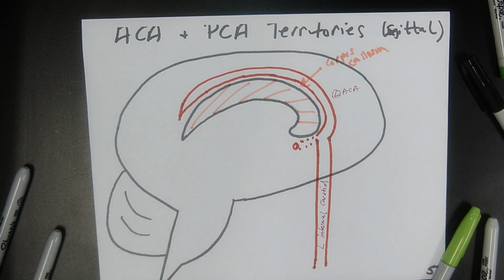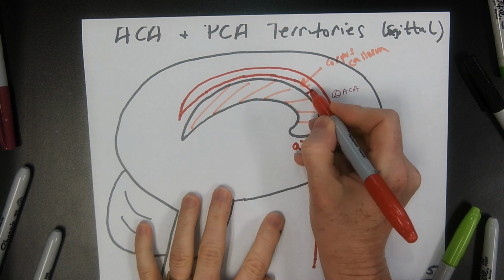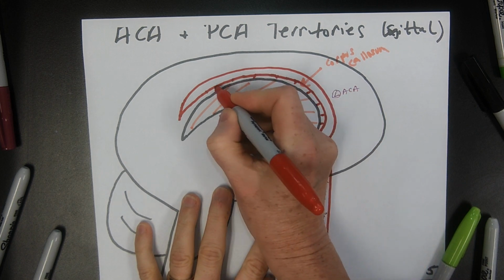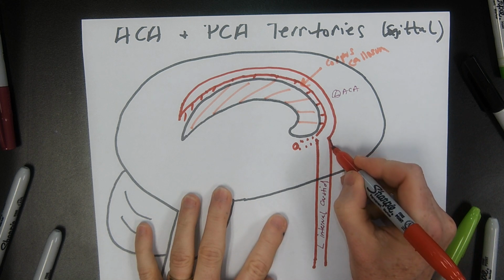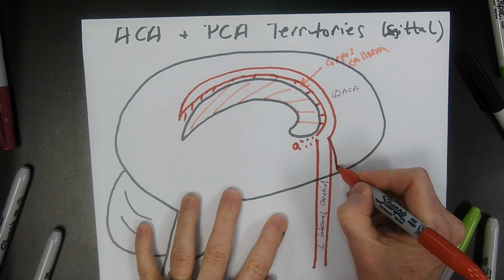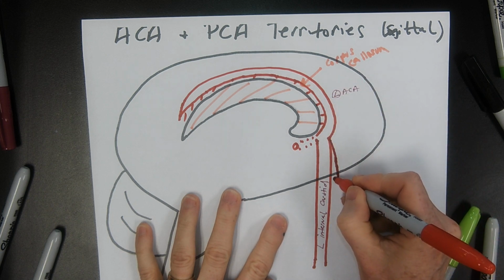We're thinking about the ACA, anterior cerebral artery, the area of the brain that it supplies with blood is going to be all in here in the red color. So it's going to come off and supply this area, and then it's going to come out here and supply this area. It's mostly the frontal, medial surface, but then it's going to flip around.